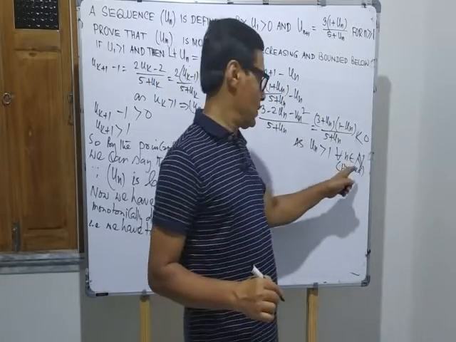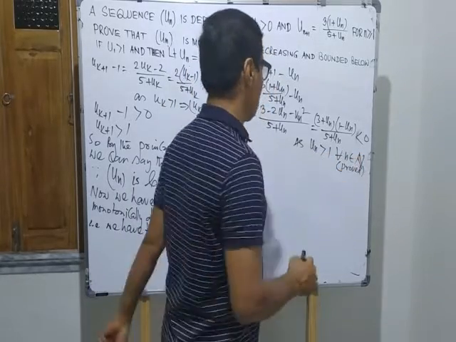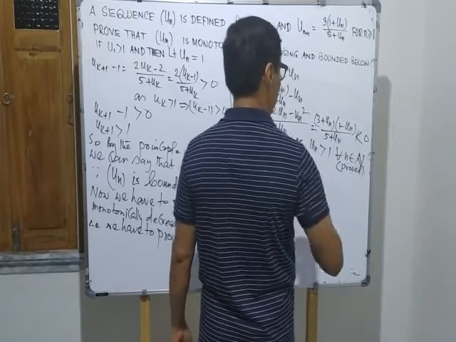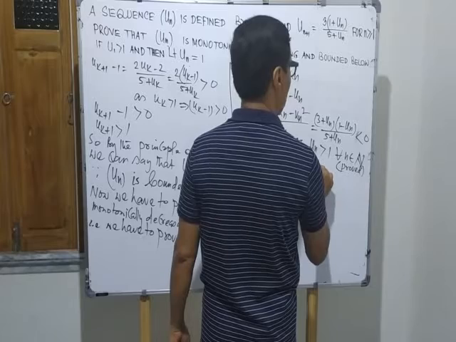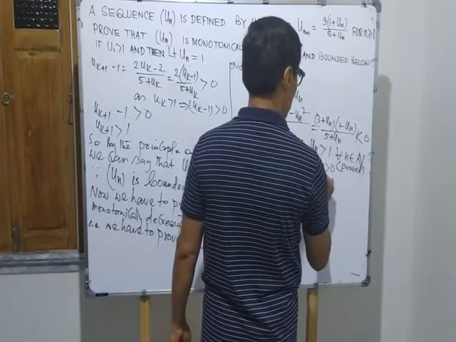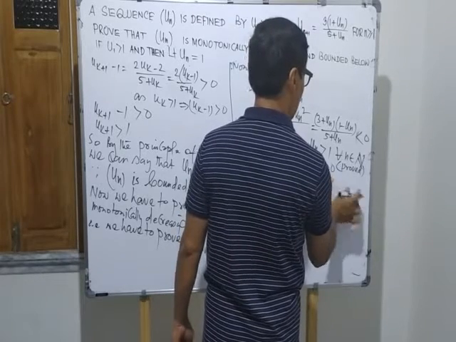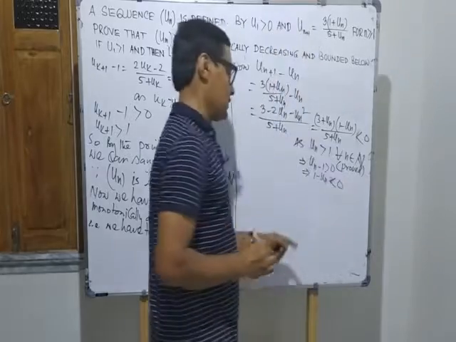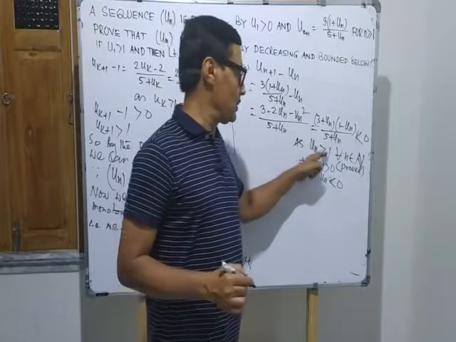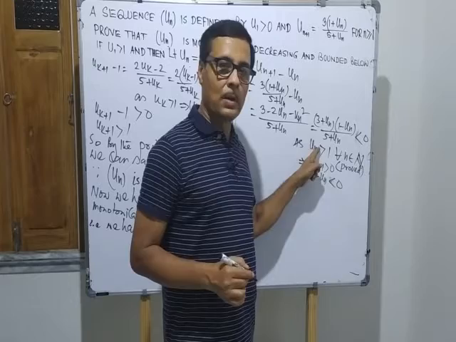This is already proved: un greater than 1 for all n belongs to the set of natural numbers. This implies un minus 1 greater than 0, that is 1 minus un less than 0, because we have already proved un greater than 1 for all n belongs to the set of natural numbers, that is, un is bounded below.